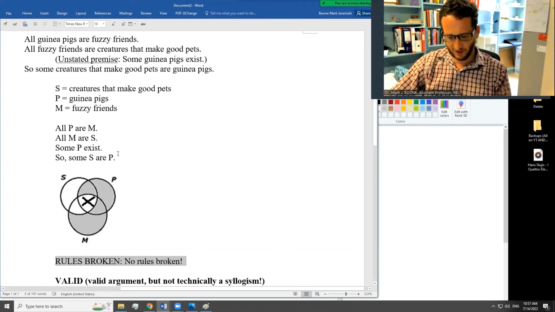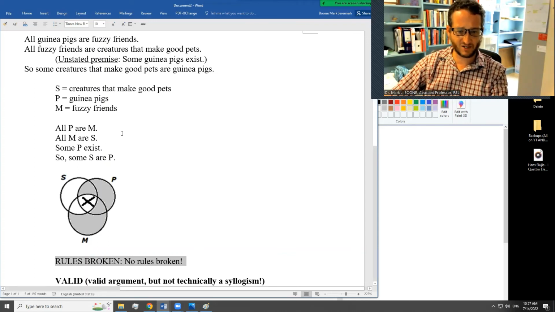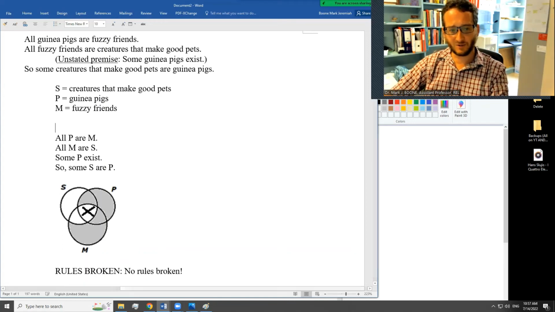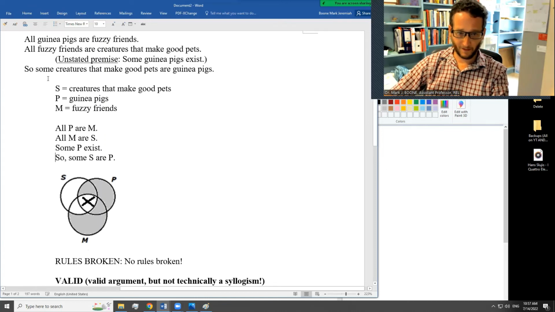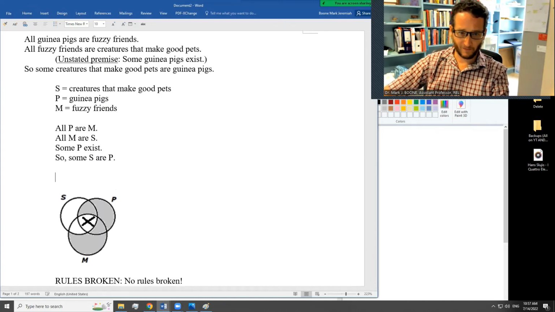All right, let's go back to that mood figure method. In fact, let's not change anything we have typed up here. Let's go to the mood figure method. Now that I think of it, I already did this, didn't I?